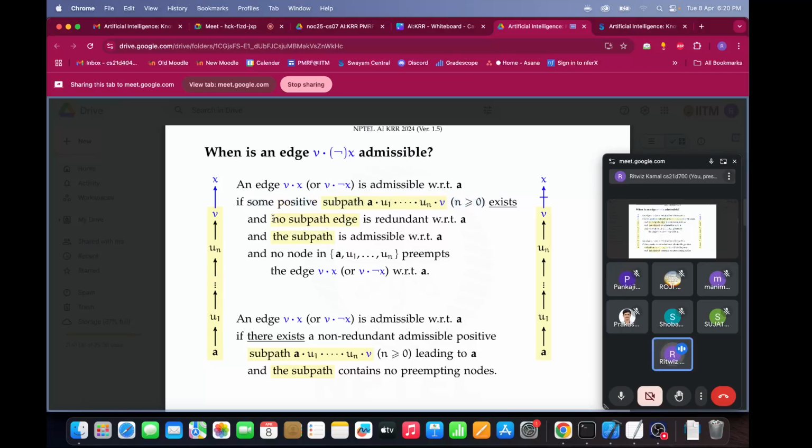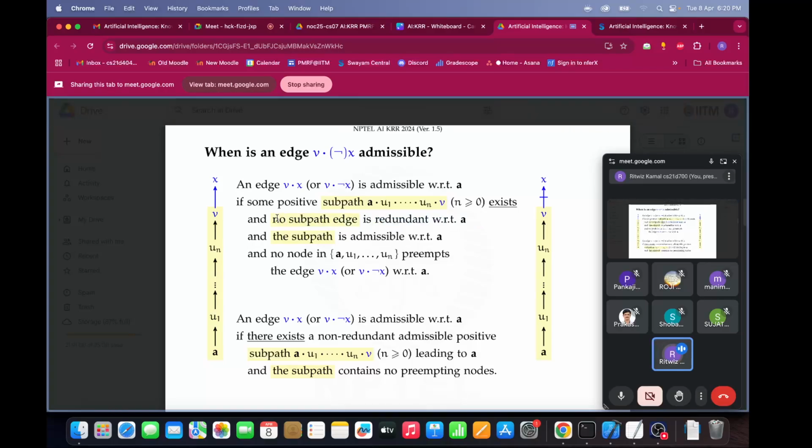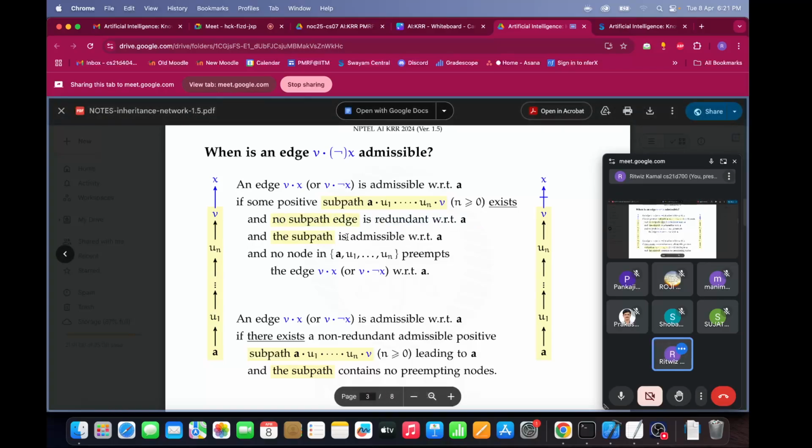And then the second condition is no subpath edge is redundant with respect to A. Okay, we'll have a look at what redundancy is, but for now let's keep that in mind.